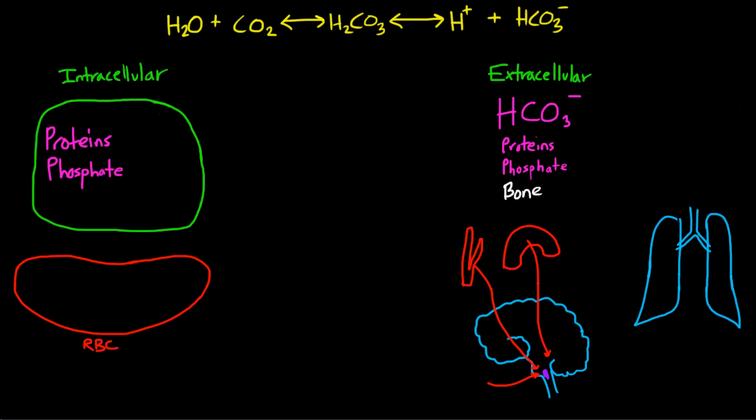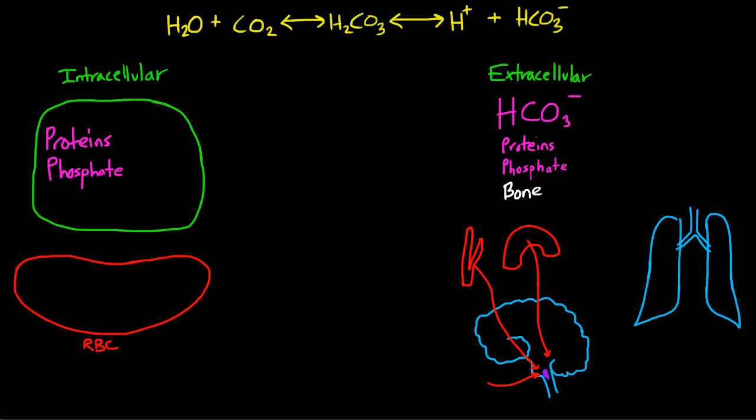Okay, so now I want to talk about buffers. Do you remember that buffers in a solution function to resist change in the pH, in response to some sort of insult. I like to think of them as shock absorbers for any kind of insult that happens to your body.